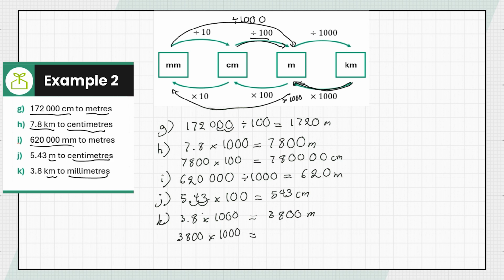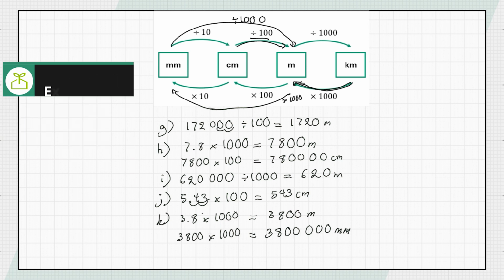And that just means adding on 3 extra zeros, so we get 3.8 million millimeters, sorry, so 3.8 kilometers will be 3,800,000 millimeters. Alright, that's it for this video. Hopefully it was helpful, and I will see you in the next one.